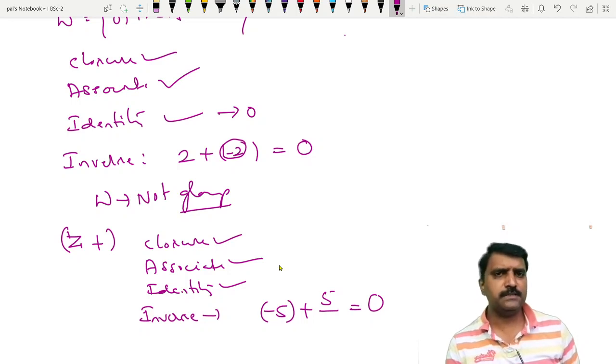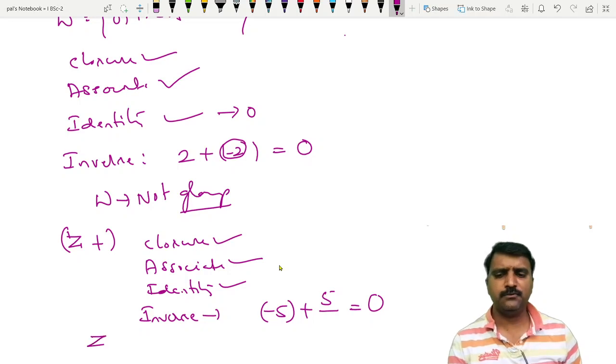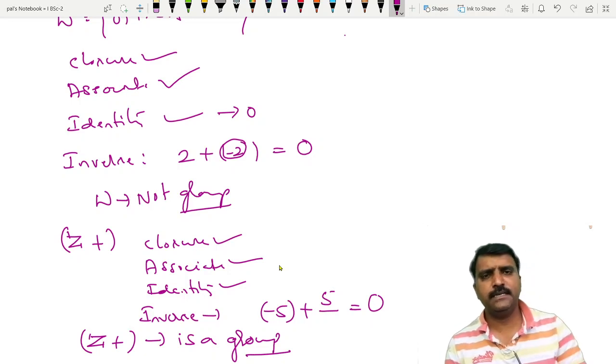So not only this 5, you take any element, 6, -6, 8, -8, -9, 15, -20, like that you can take any numbers. So ಎಲ್ಲ numbers inverse exist ಆಗುತ್ತೆ. ಸೊ ಹಾಗಾದ್ರೆ Z plus ನ ನಾವು ಗ್ರೂಪ್ ಅಂತ ಕನ್ಸಿಡರ್ ಮಾಡಬಹುದು. Z plus is a group. Z, the set of all integers, is a group with respect to addition.